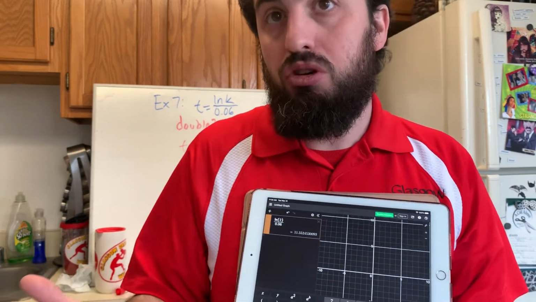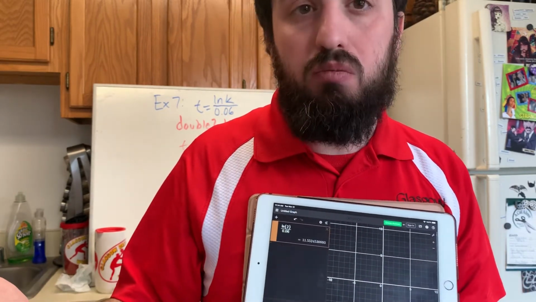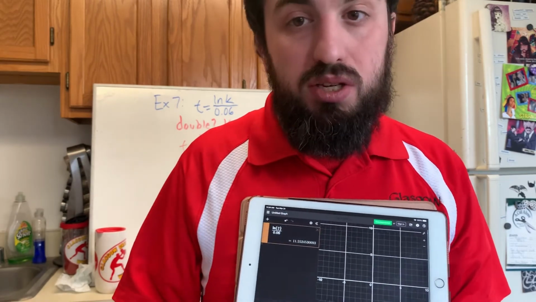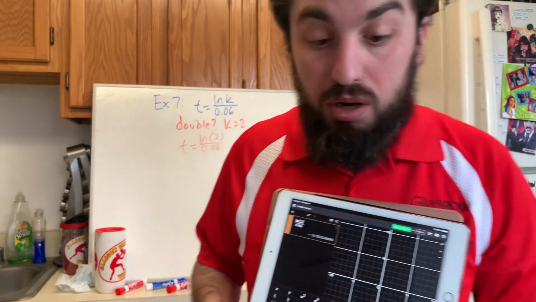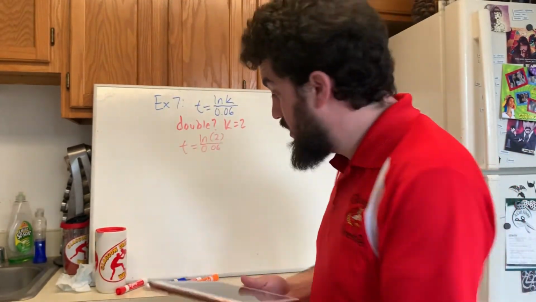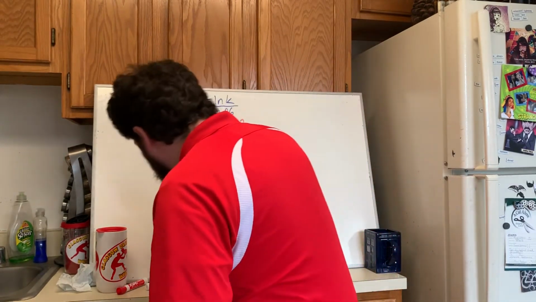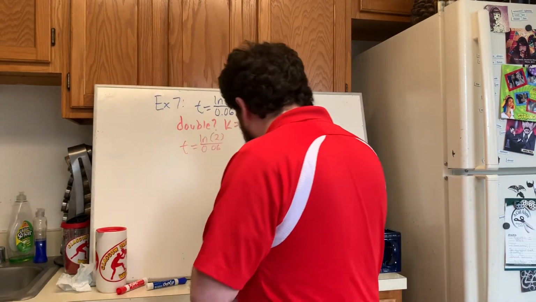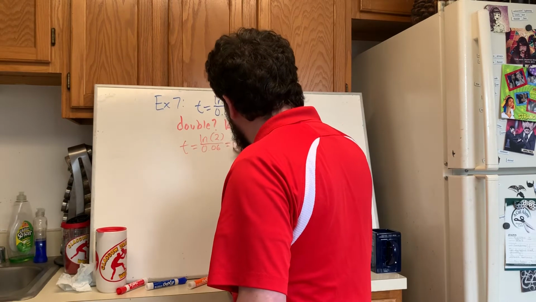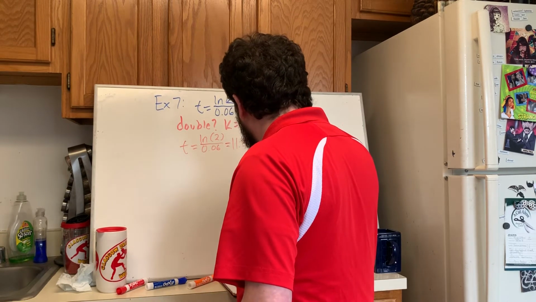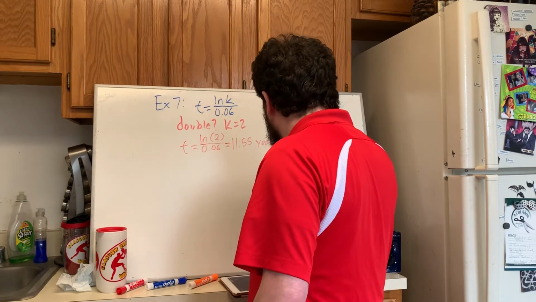Not too bad. If I just sat on my money for 11 years and I had twice as much, I wouldn't be complaining about that. So, again, just typing that in, that gives me 11.55 years.